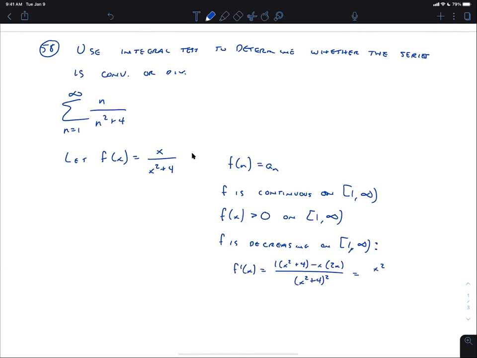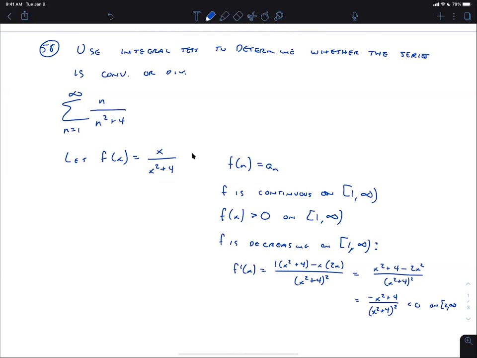That's x squared plus 4 minus 2x squared over x squared plus 4 squared. That's negative x squared plus 4 over x squared plus 4 squared, and we'll say on 2 to infinity.